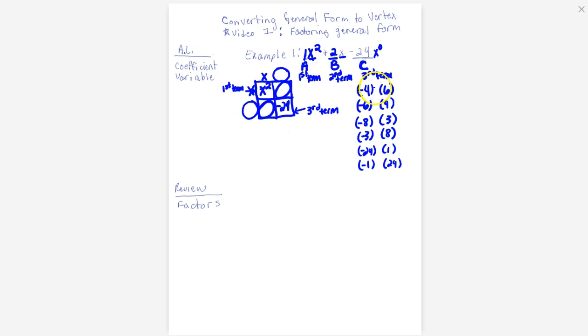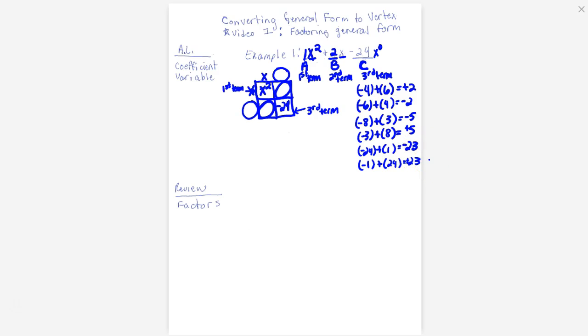So negative 4 plus 6, that's going to be positive 2. Look, I did it on the first time, but let's go ahead and see what the rest of these are. Negative 6 and positive 4 is going to be negative 2. Negative 8 plus positive 3 is going to be negative 5. Negative 3 plus positive 8 is going to be positive 5. Negative 24 plus 1 is negative 23. And negative 1 plus 24 is going to be positive 23.